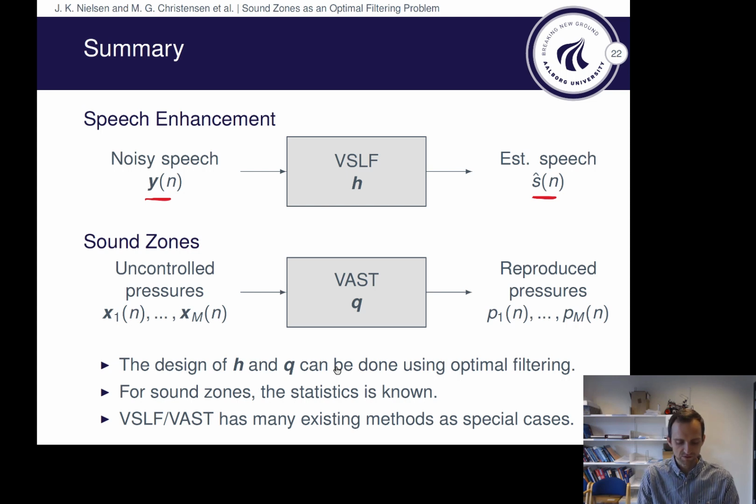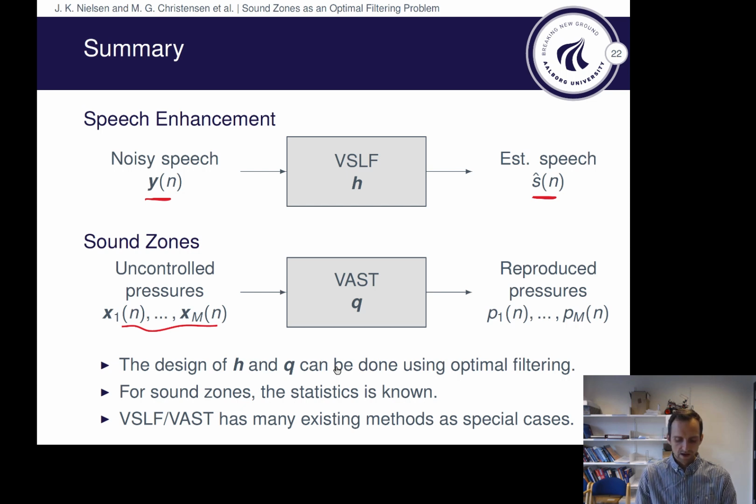For sound zones you have something similar. You have a number of uncontrolled pressures, and here the index is the microphone index. Then you pass these through a filter bank, here denoted as a vector Q, and out you get a number of reproduced vectors that again will be a trade-off between the distortion in the bright zone and the residual error suppression in the dark zone.